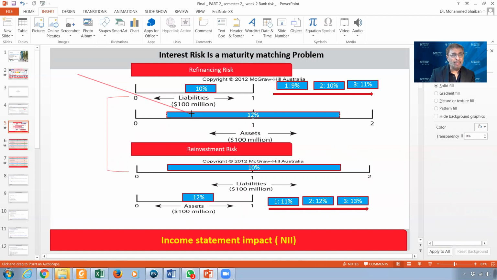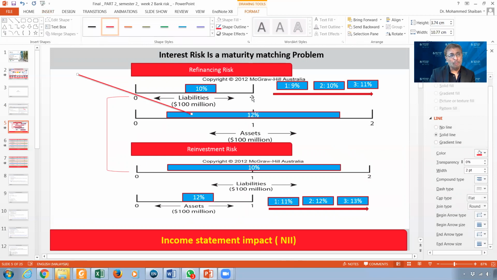Now that is fine. As you can see, for the first year I'm happy because I'm paying 10% on the deposit and receiving 12% on the loan, making a 2% difference on the 100 million, which means I'm making 2 million. The problem is that these liability depositors will come in year one and want their money back.